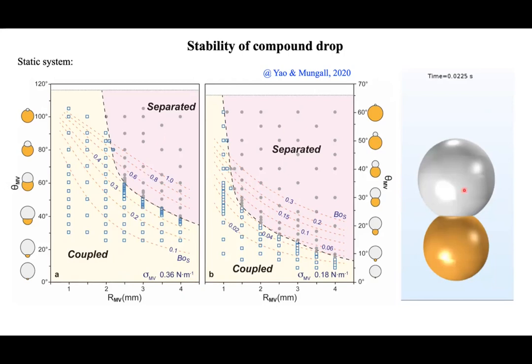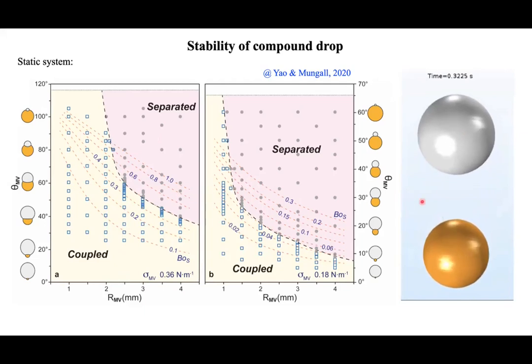Here is a movie showing the separation between the vapor bubble and the sulfide droplet, a very clear separation. If the compound drop has the same shape, just like this line, and we increase the size of the vapor and the sulfide, from here to here, the compound drop goes from coupled to separate.